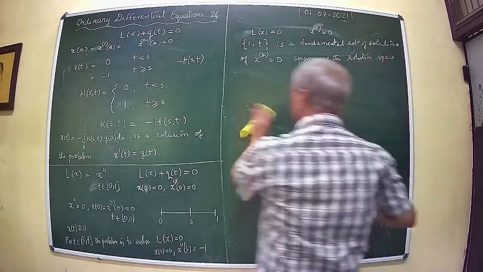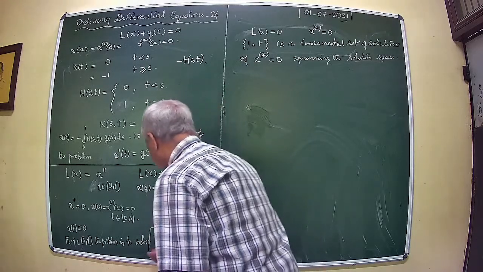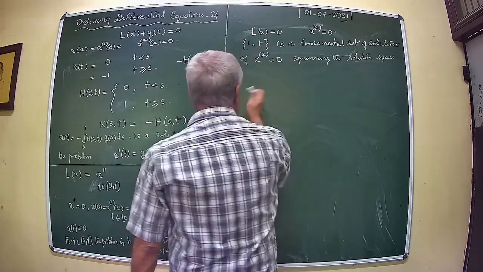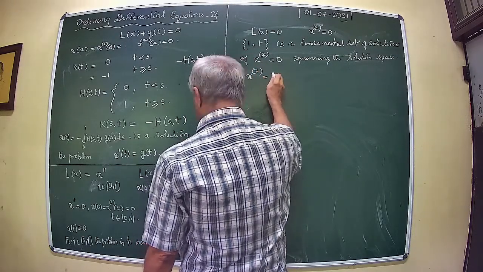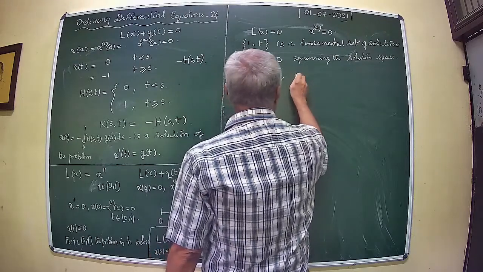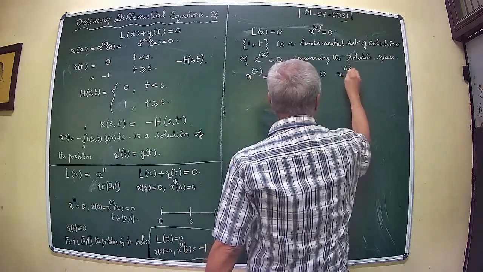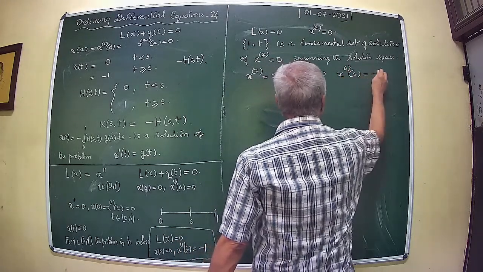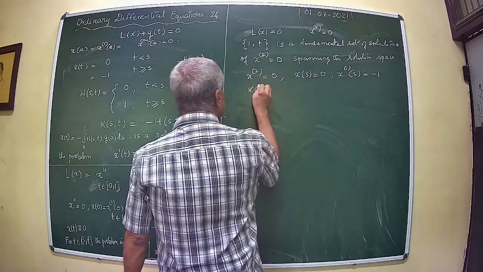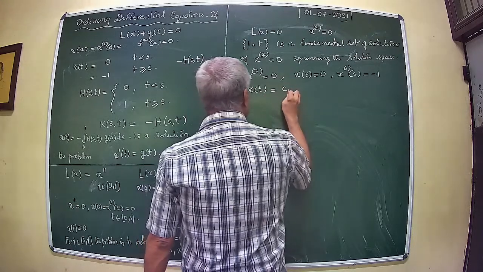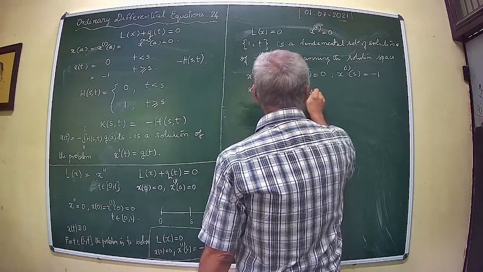Therefore, we want to solve this equation, x second derivative equal to 0, subject to the conditions. And you can easily see that this is a linear combination. So write x(t) as C1 plus C2 t.